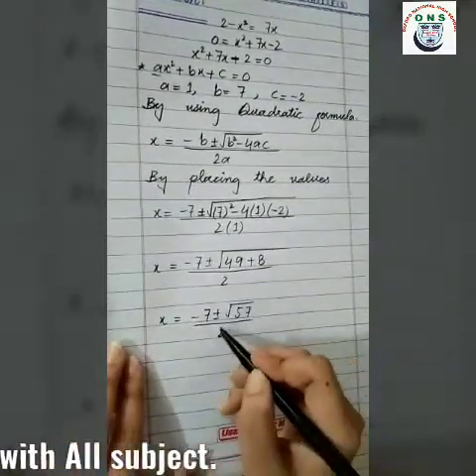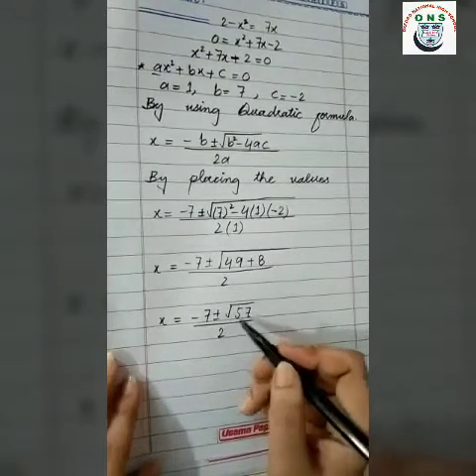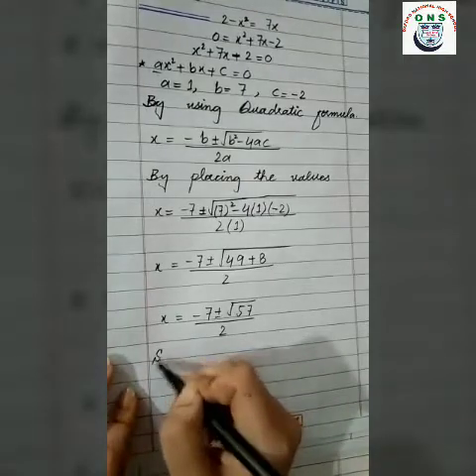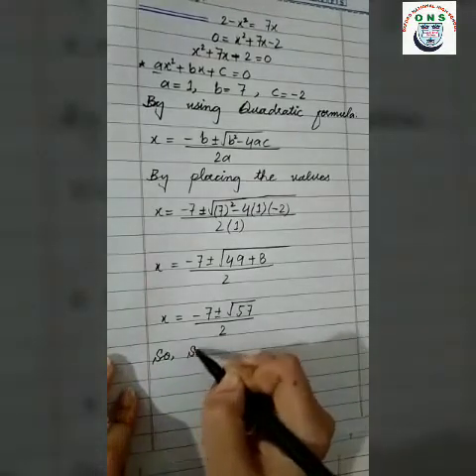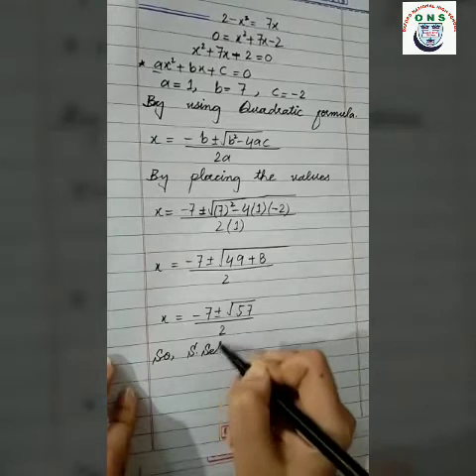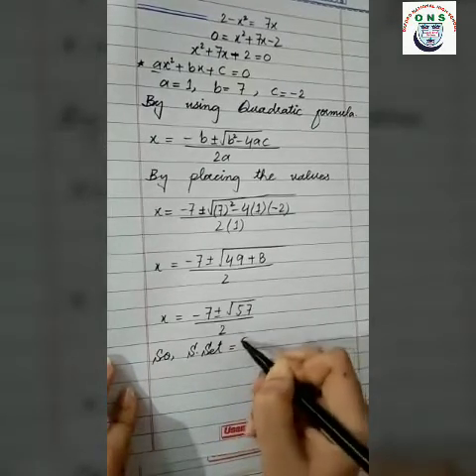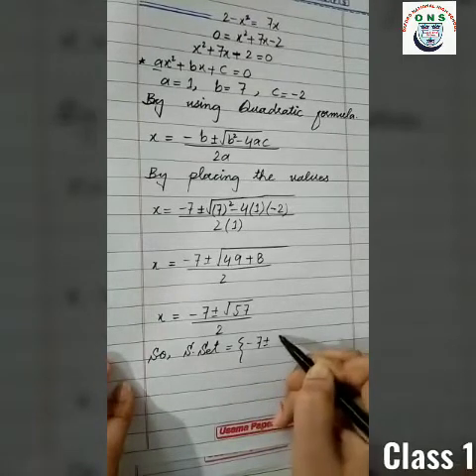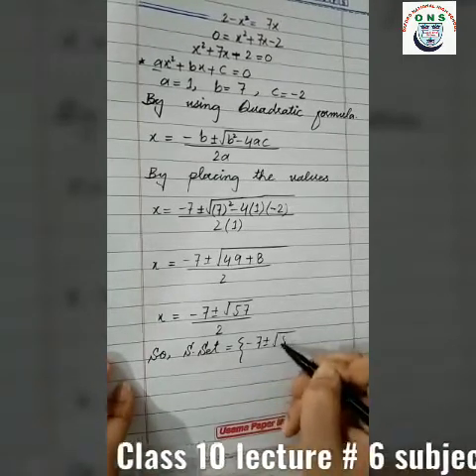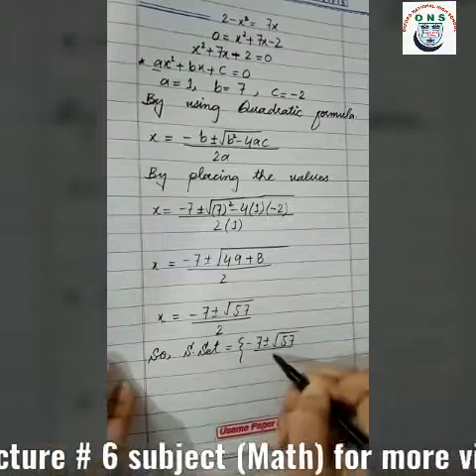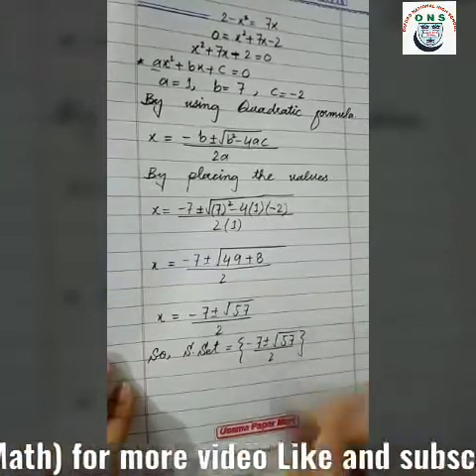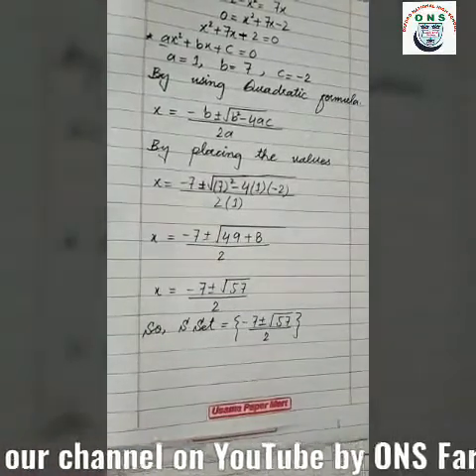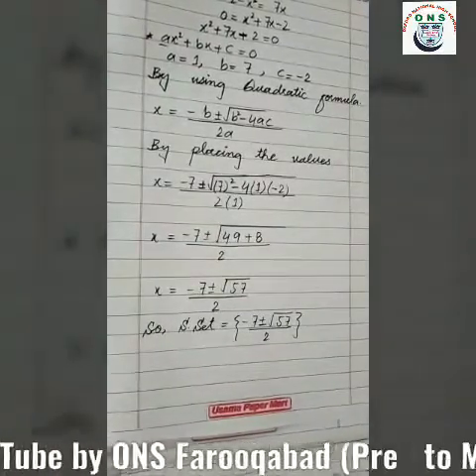There is no square root of 57, so it will remain as it is. So our solution set is minus 7 plus minus square root of 57 by 2. So students, this is question number 1 part 1.